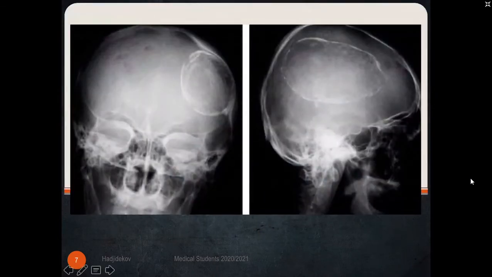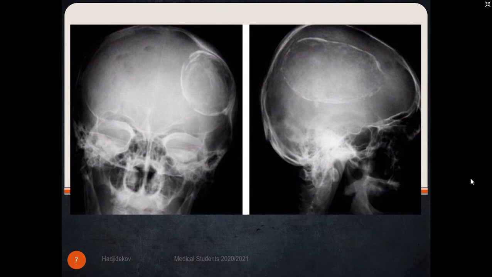Okay, so now we observe frontal and lateral projection of the skull. In this patient, we see something calcified in the left part of the brain, and it's displacing a little bit the skull, the bones. So what could this be? Of course, we are not able to give the final diagnosis only by conventional X-ray.